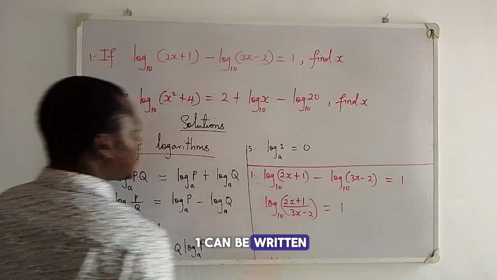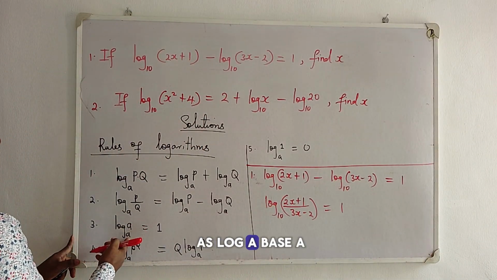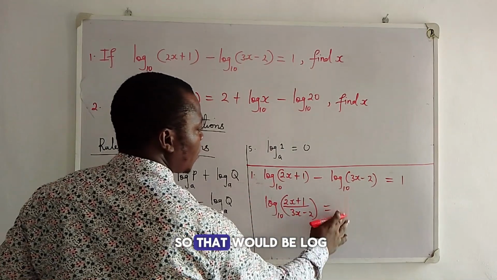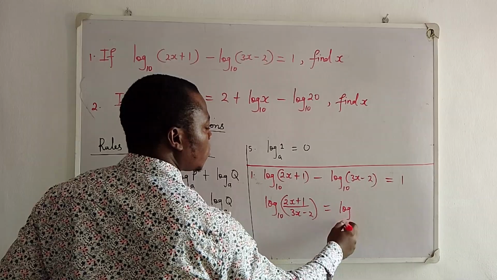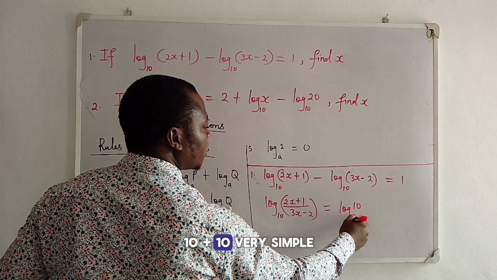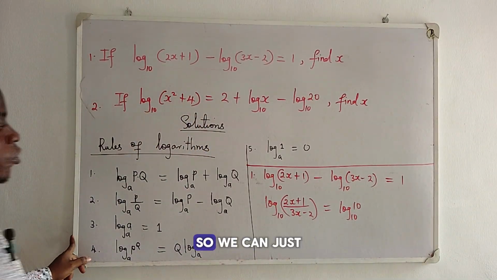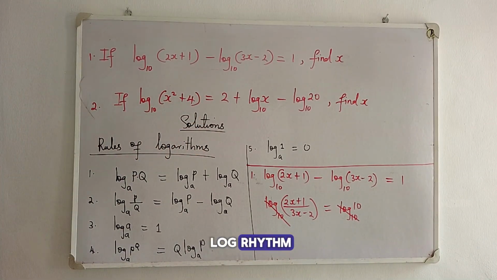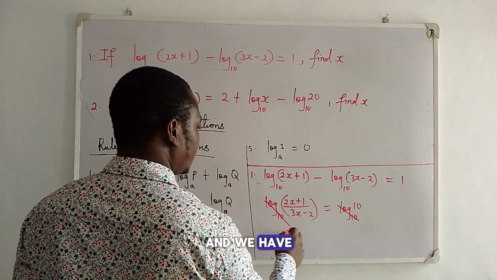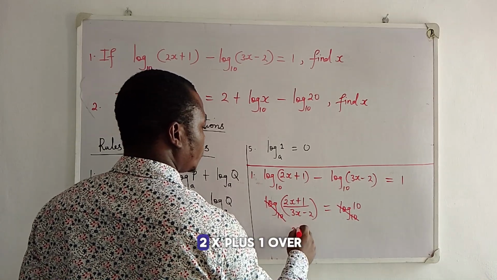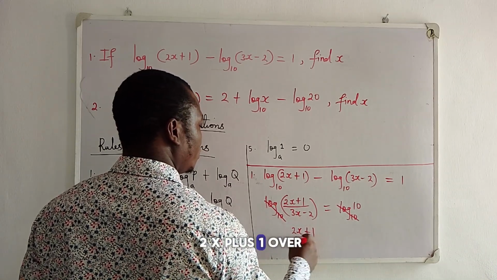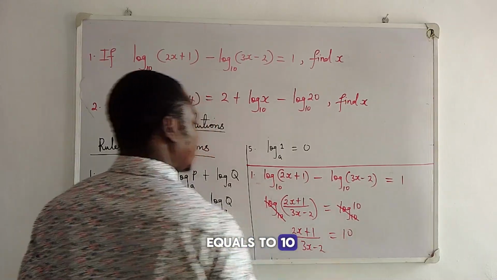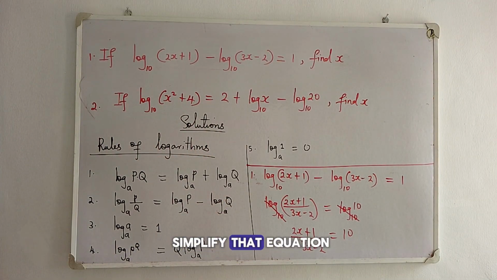Remember, 1 can be written as log a base a. In this case, our base is 10, so that will be log 10 base 10. Very simple. So we can just cancel out the logarithm, and we are now left with 2x plus 1 over 3x minus 2 equals 10.